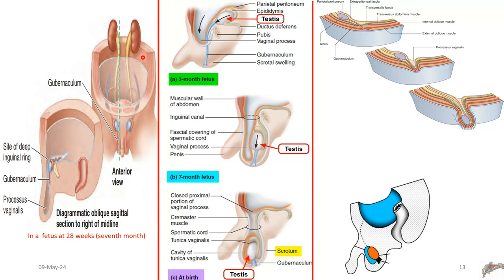For the testicles to descend, there's a structure that has to form, a structure that has to pull them down. That structure is called the gubernaculum.